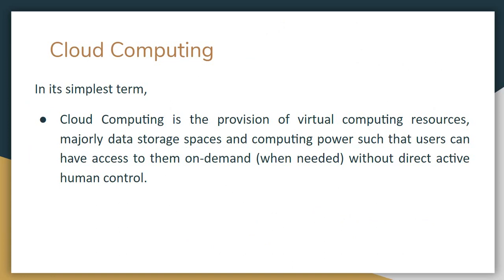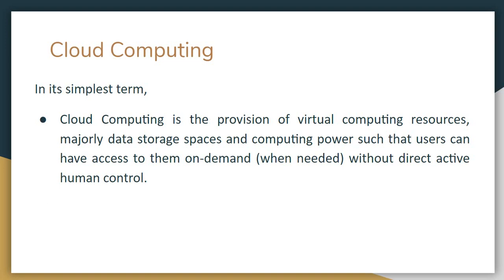So how can we define cloud computing? Cloud computing is a provision of virtual computing resources, majorly data storage spaces and computing power, such that users get to have access to them on demand. On demand means you have access to these resources when you need them without direct active human control.